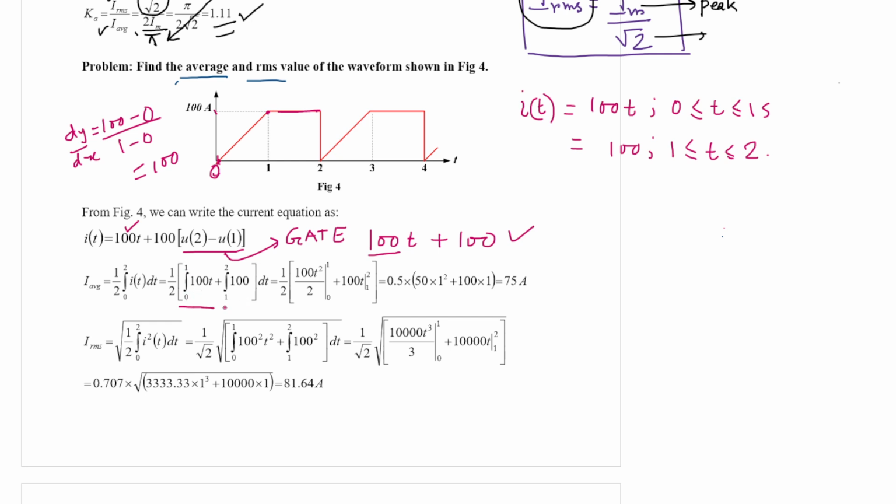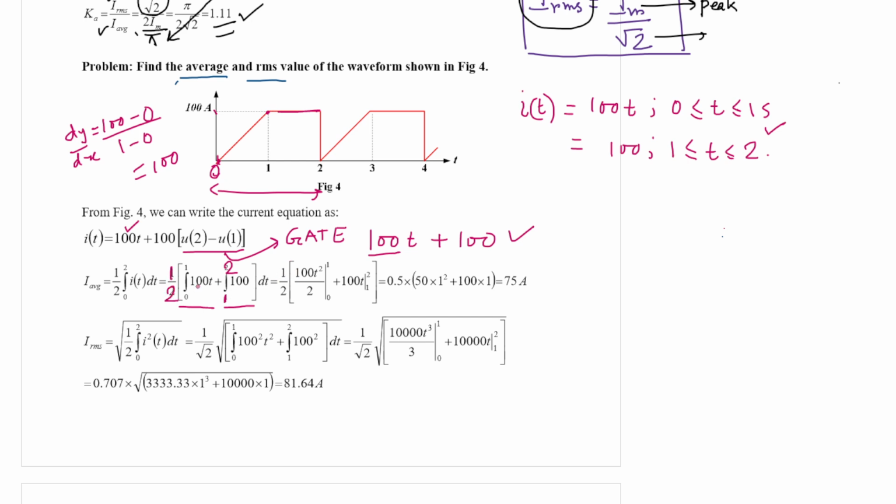However, when you are integrating 100, your integration limit is from 1 to 2, because this is the equation. Now you should take the average value, so you need to divide the summation by the entire time duration, that is 2 seconds. That is why it is written 1 by 2.